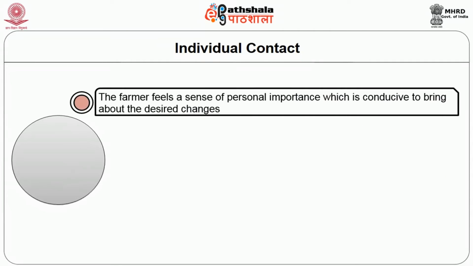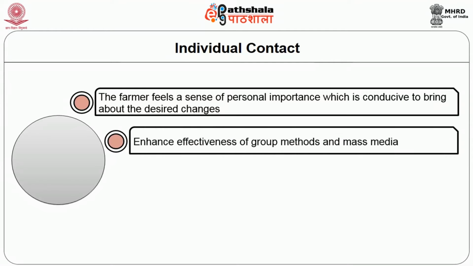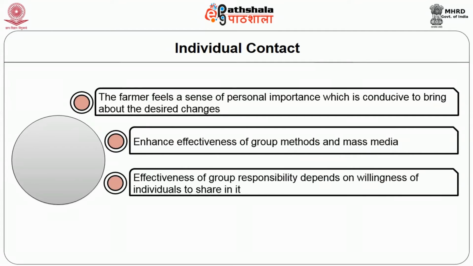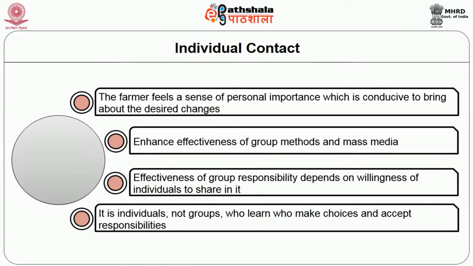The farmer feels a sense of personal importance which is conducive to bring about the desired changes. The individual contact methods enhance effectiveness of group methods and mass media. Effectiveness of group responsibility depends on willingness of individuals to share in it.